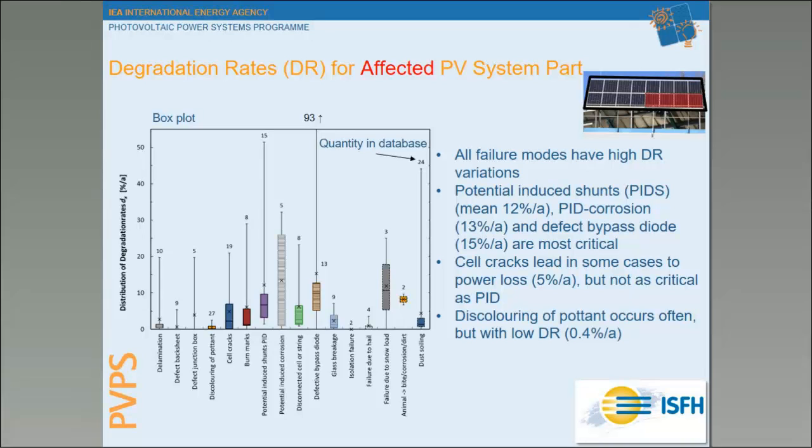They are marked on the axis, and you can see that the variation is quite high. Looking at the discoloring of the potent, that also occurs, but the degradation rate is rather low and stays well below 1% per year.